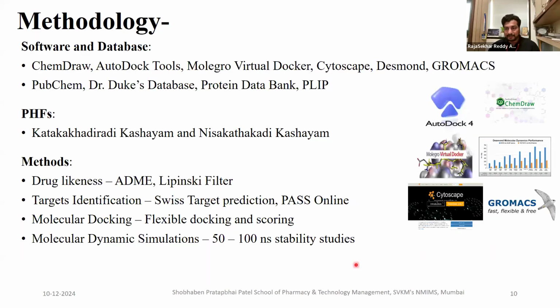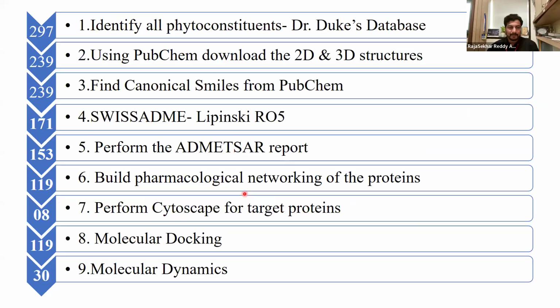Let me show you how we have done it. These are the software we used. First, let me show you the screen again. After shortlisting the chemical structures, we shortlisted 297 out of 1300. We removed a few based on various conditions; that criteria I am not disclosing.